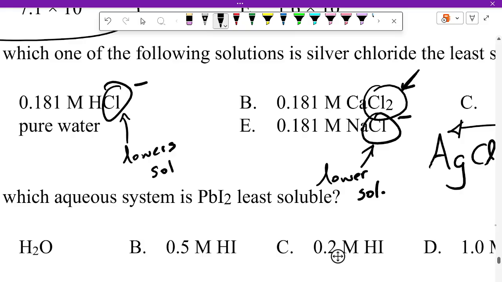Because you have two of these, which means the concentration is going to be 0.181 times 2 equals 0.362 molar chloride, whereas the other ones are 0.181 molar chloride. So you have twice the amount of chloride, so it will shift it that much more to the left and make it less soluble.